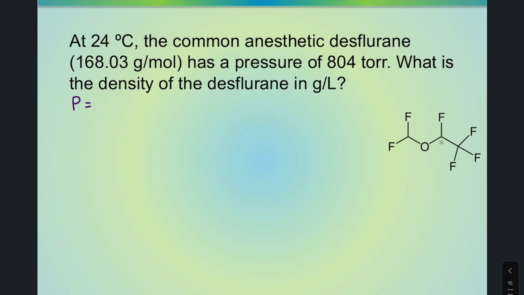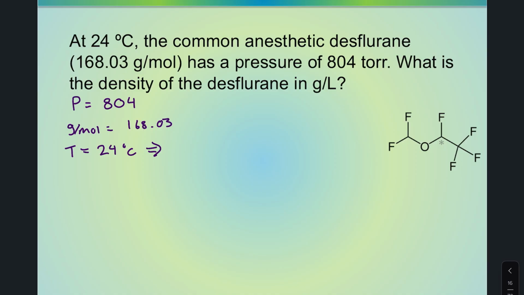So P, our pressure, is 804 torr. We have a molar mass, so our grams per mole for this is going to be 168.03. We'll keep that in our pocket for later. We have a temperature of 24 degrees Celsius, which is 1 degree below 25 degrees, which is room temperature.